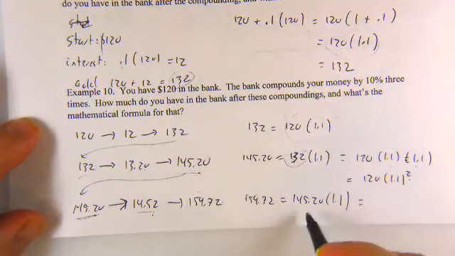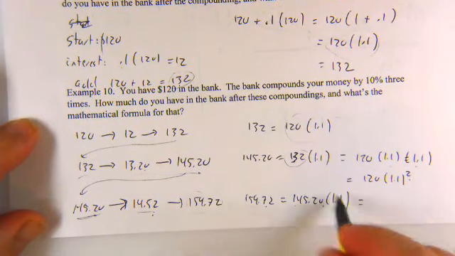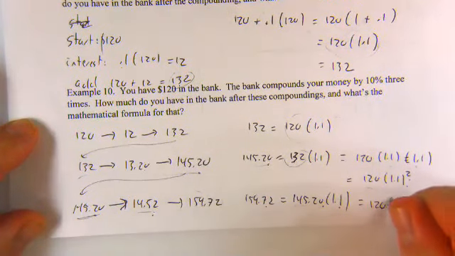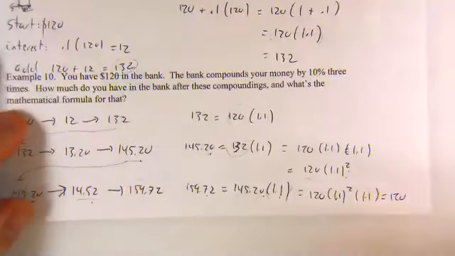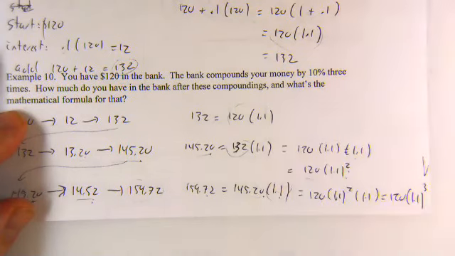Doing interest 3 times, well, the 159.72 is 145.20 times 1.1, but 145.20 was 120 times 1.1 quantity squared, and then we multiply by another one, which is 1.1, and we get 120 times 1.1 cubed. 3 times you compound interest, you multiply by 1.1 3 times, which is 1.1 cubed.